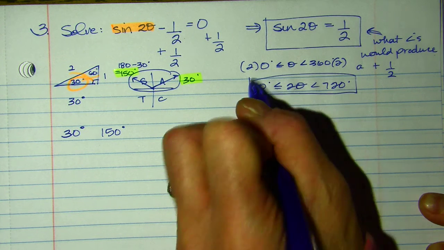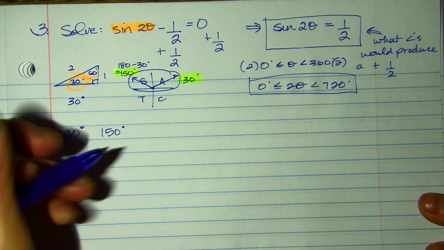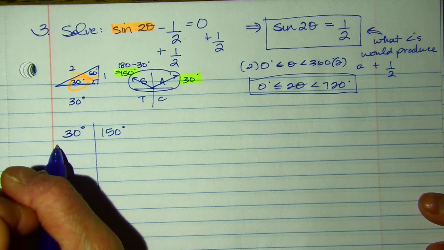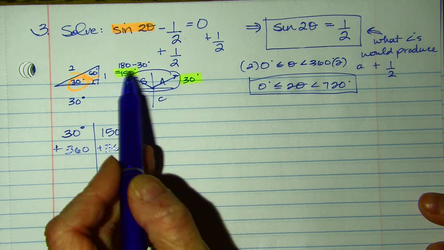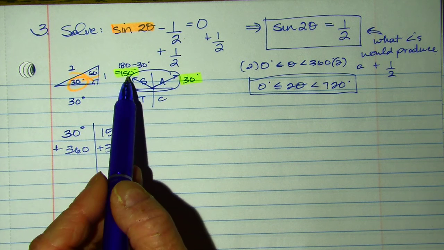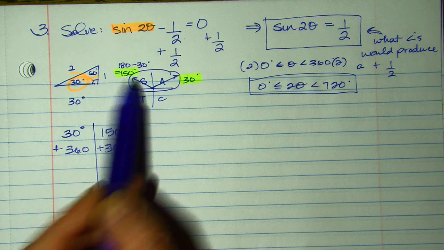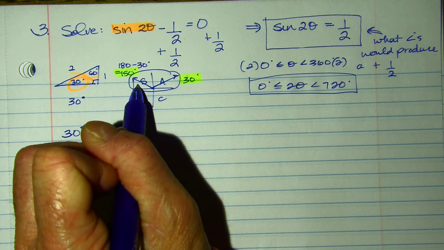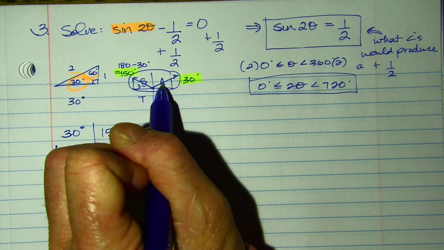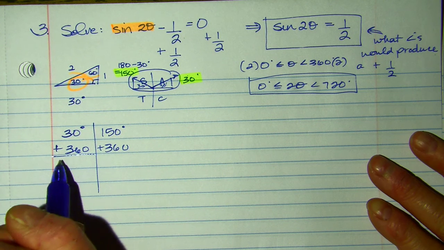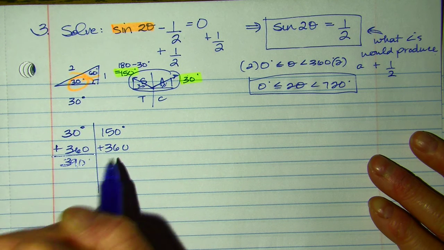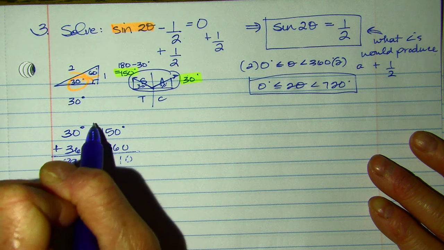So I can go up to 720 degrees. So let's start with adding a rotation of 360 to the 2 angles that would produce. This produces at 30 degrees because I would be using this triangle here, right? And this triangle here. Okay, that's why 150 works. So this gives me 390. This gives me 510.